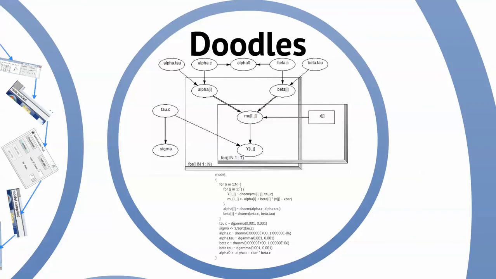The next step, or the next interface, is doodles. This is basically for non-programmers who are not comfortable with writing programs, and instead of writing the models in the way that is written here, you could simply use your doodles menu to write a model like this by just selecting and clicking and renaming some stuff, and it will generate a model like this at the end.